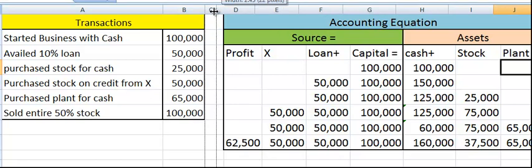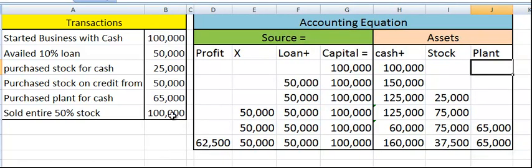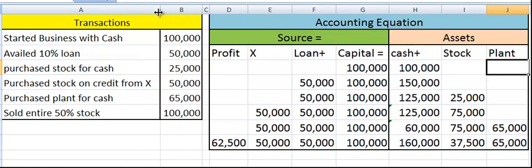The balance sheet of a company will show the sources of the business supported by the corresponding assets of the business, and in this case the assets are the cash, stock, and the plant.